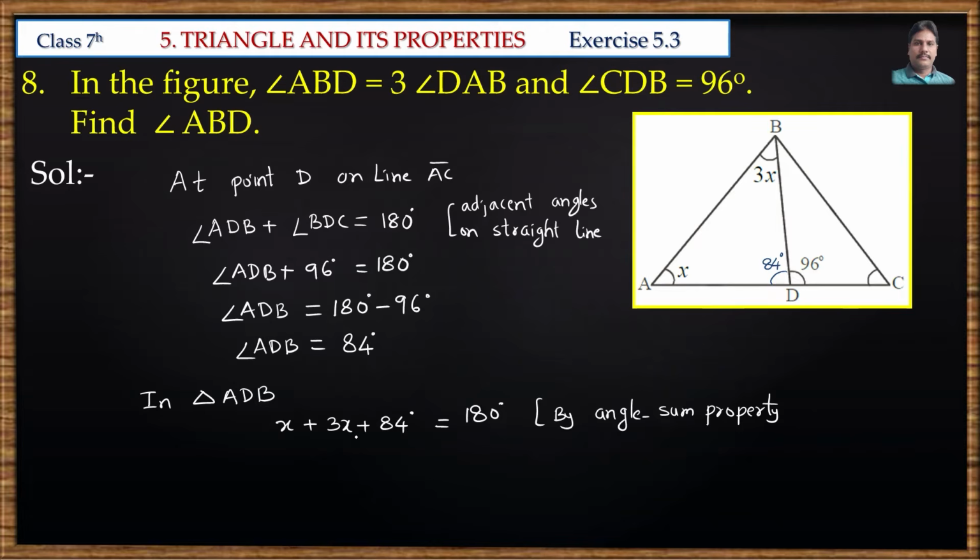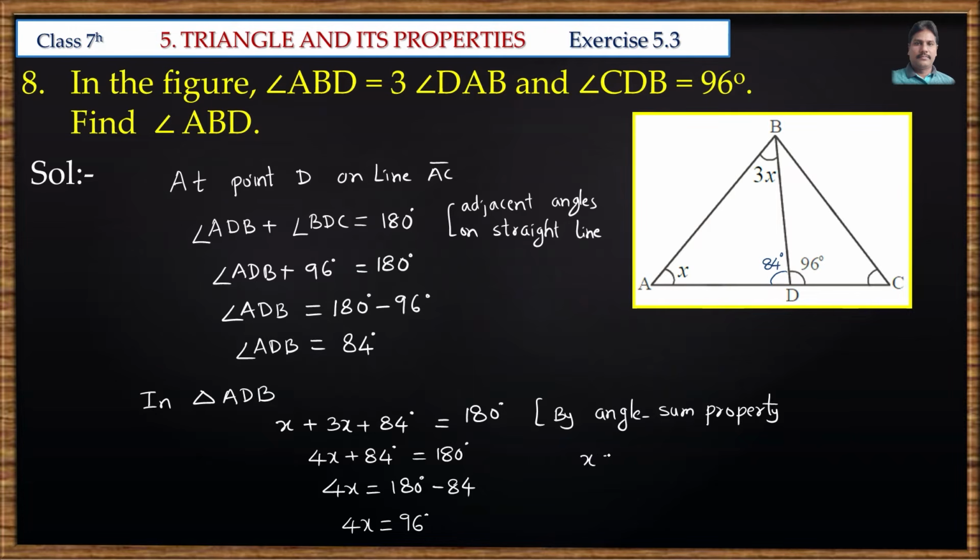Therefore x plus 3x becomes 4x plus 84 is equal to 180 degrees. So 4x is equal to 180 minus 84. So 4x is equal to, this will become 96 degrees.